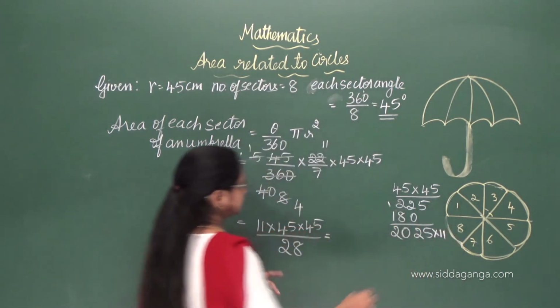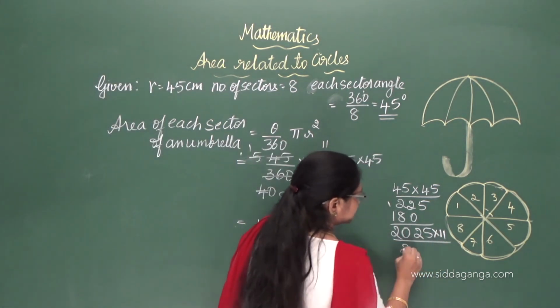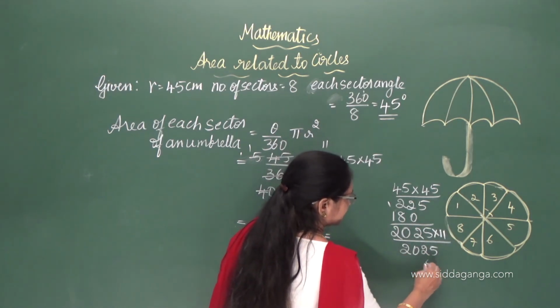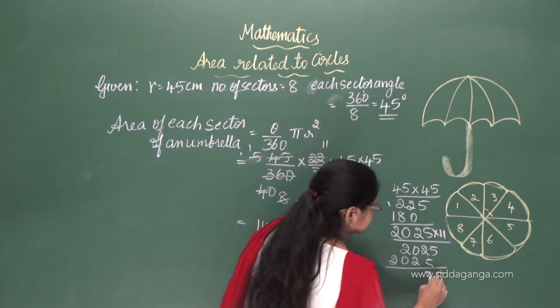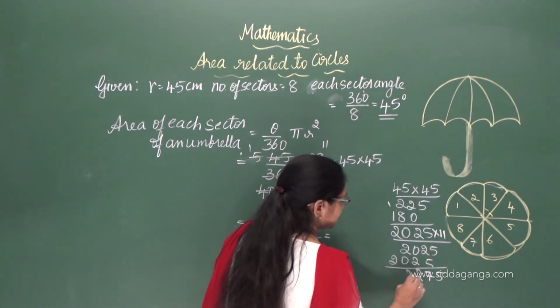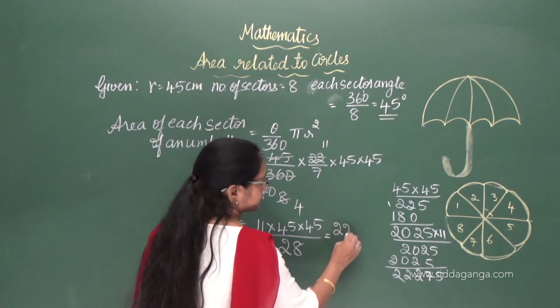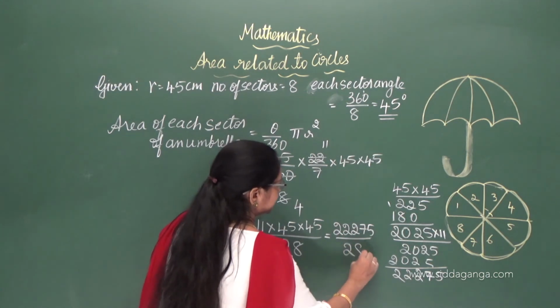Into 11, because into 11 is there, I am multiplying. So total 22275. So the numerator we got is 22275 divided by 28.